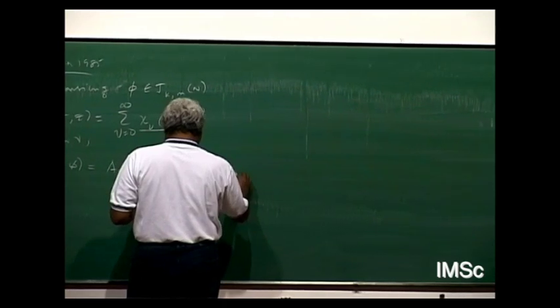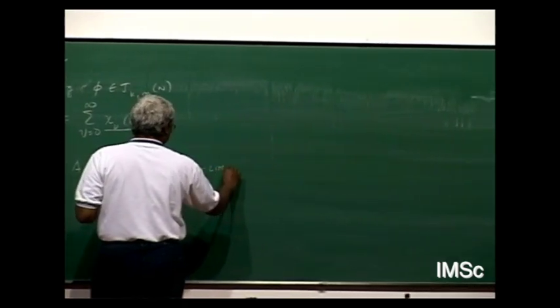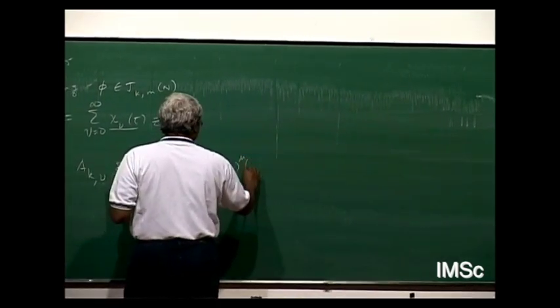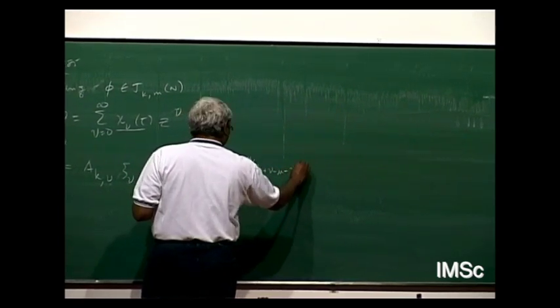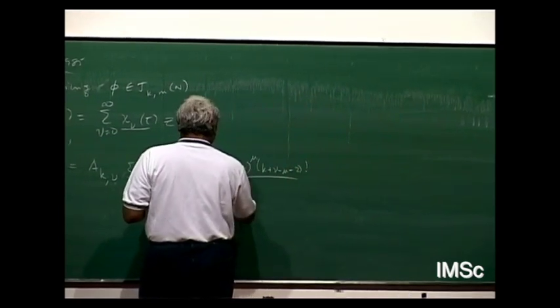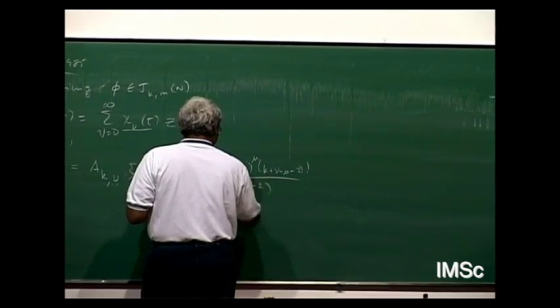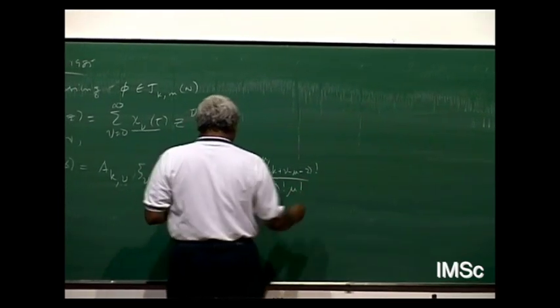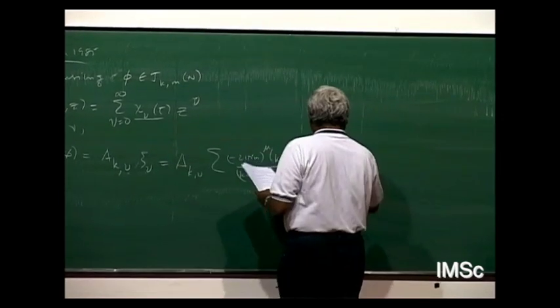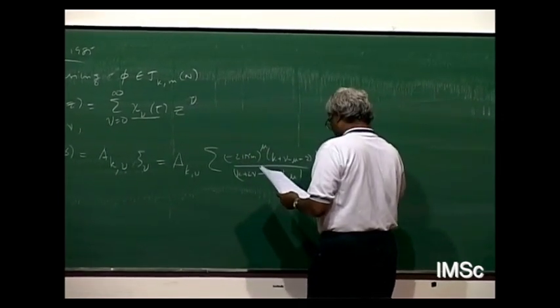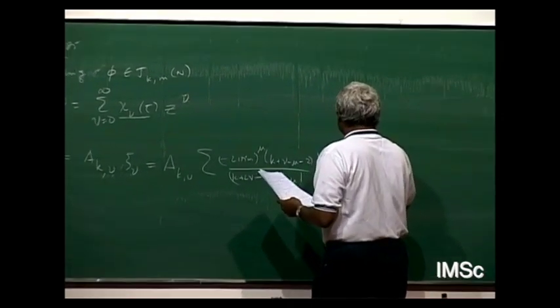It is a summation over mu from 0 to the integral part of nu by 2, of some constant (minus 2 pi i m) to the power mu, times (k plus nu minus mu minus 2) factorial by (k plus 2 nu minus 2) factorial mu factorial, times the mu-th derivative of chi_{nu minus 2 mu}.